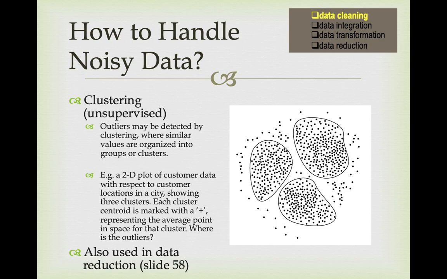Each cluster centroid is marked with a plus, representing the average point in space for that cluster. Where are the outliers? As you can see here, maybe here are the outliers. This is the centroid, so the outliers reside maybe between here. It is also used in data reduction in slide 58.